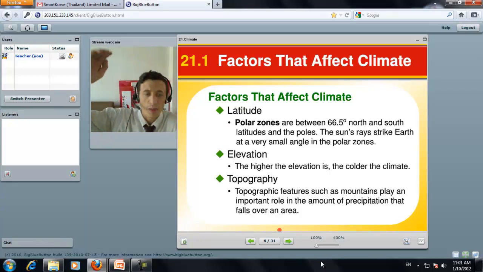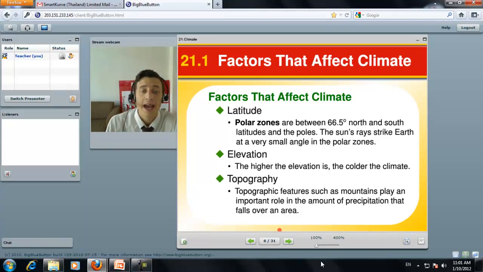They're at the very top, the very far north and the very far south. And these are the areas where the sun's rays strike the Earth at a very small angle. So there is almost no direct sunlight. So they get less intense sunlight, and so they are much colder.